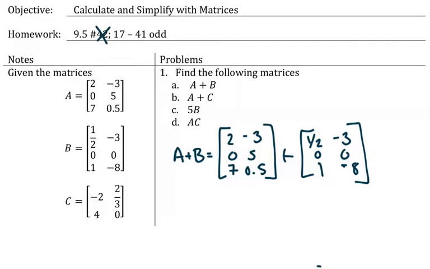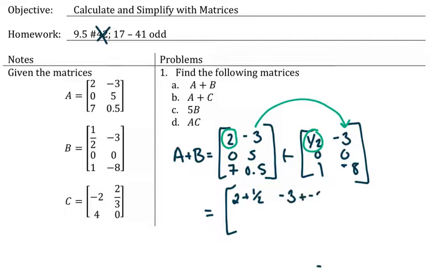And so they add just the way you think that they should, meaning the ones in the same position are going to add together, and A plus B is going to be 2 plus 1/2. The next one is going to be negative 3 plus negative 3, so on, 0 plus 0, 5 plus 0, 7 plus 1, 0.5 plus negative 8.